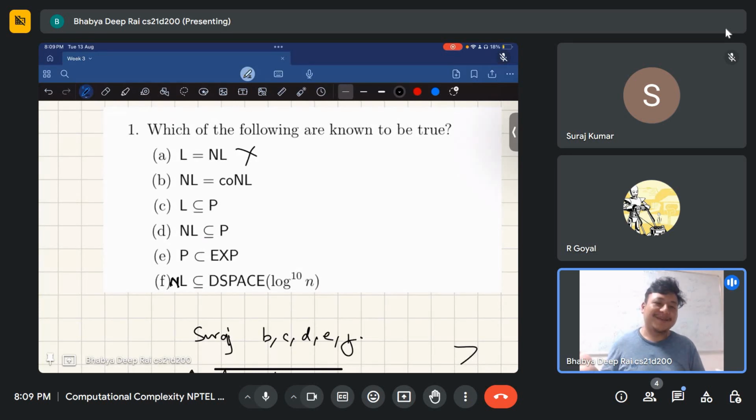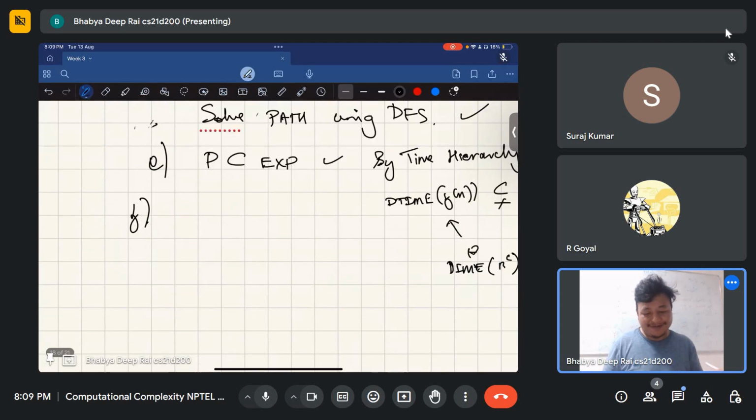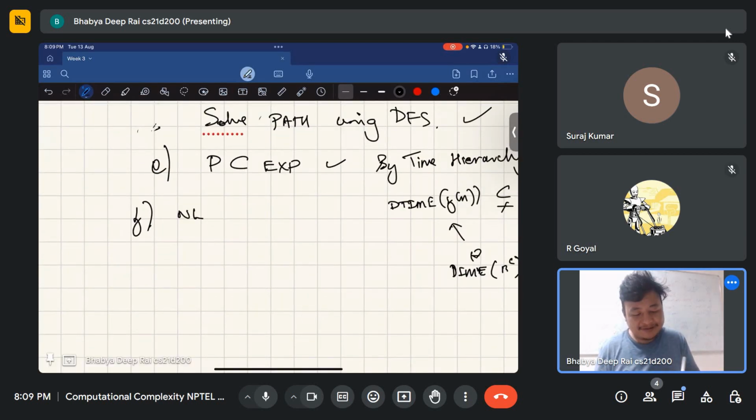So NL is contained in DSPACE. Now I think the answer is straightforward. NL is contained in DSPACE(log^10 n). It's written.